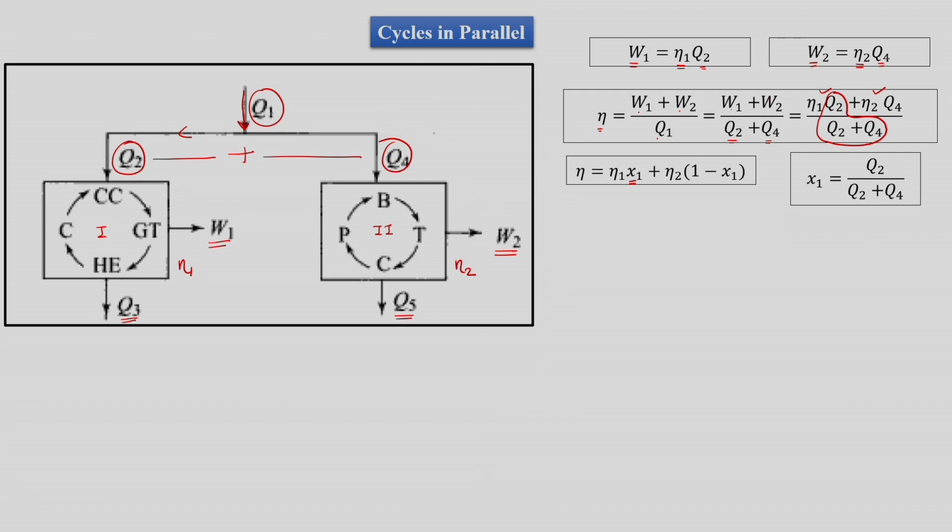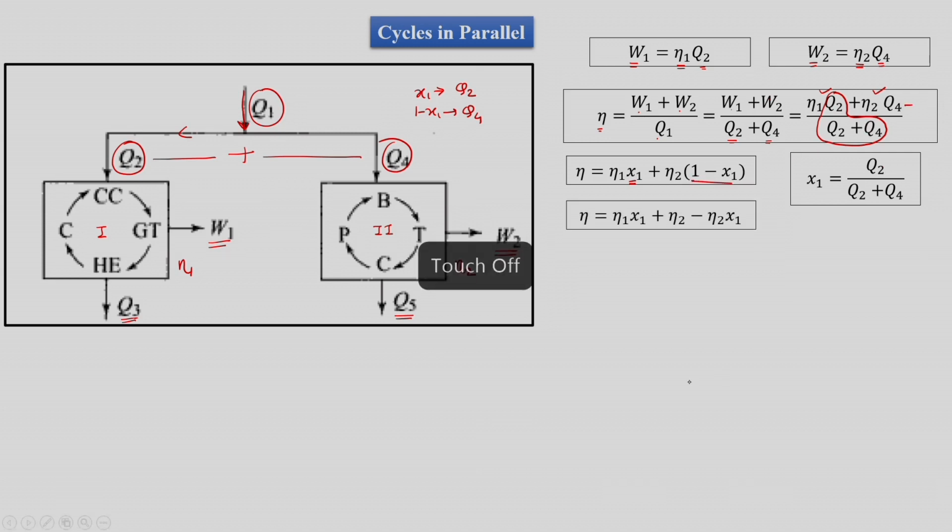Obviously, if x1 corresponds to Q2, then 1 minus x1 is the fraction of heat which will be received as Q4. Then eta is equal to eta 1 into x1 plus eta 2 minus eta 2 into x1. So, we will have eta is equal to eta 2 plus x1 into eta 1 minus eta 2.